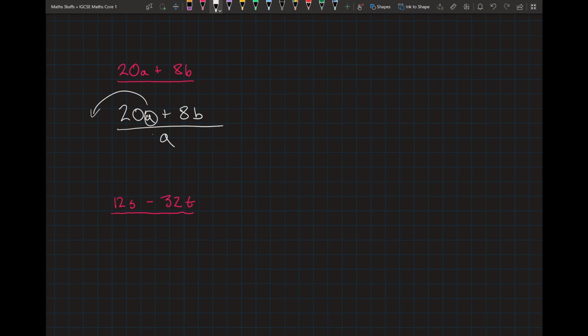And what that would do is this a will cancel out, this a will cancel out, but then we'll still have this part here divided by a. And we can't just pull the a out because this is an expression and we don't have something over here to also divide by a. What we have to do is we have to then multiply the whole thing by a.